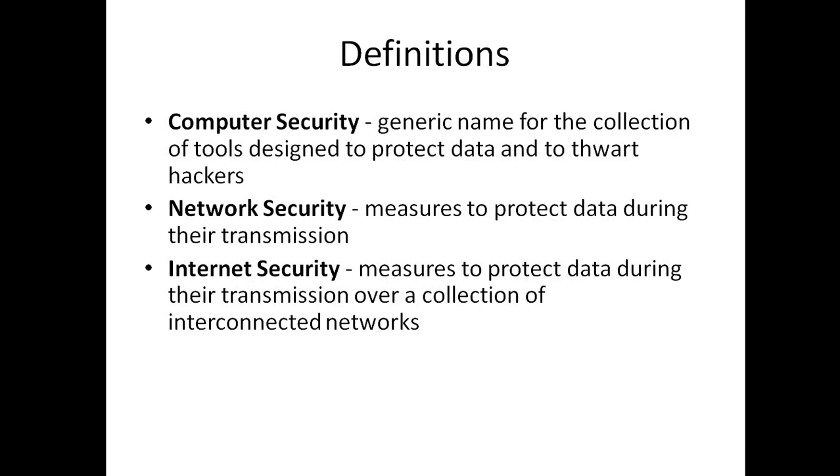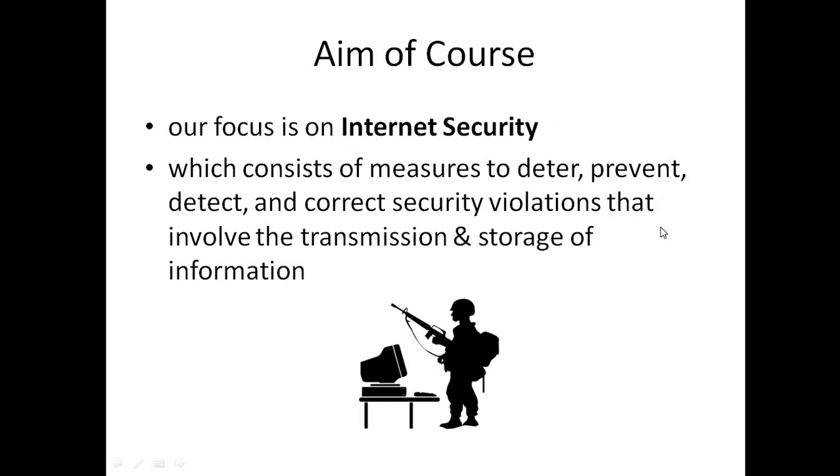The next type of security is internet security, which is used to protect the data during transmission over a collection of interconnected networks. That means various types of networks are available, so across the networks we are going to protect our data. That is internet security. We are going to focus more on internet security.